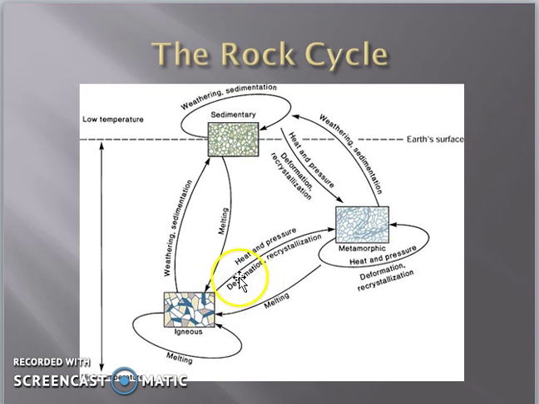And then if it experiences heat and pressure, it causes deformation, which is going to cause it to cool, move up in the Earth's layers a little more, and it will become metamorphic. It can undergo some more heat and pressure, and it could go through the processes of weathering and sedimentation, and if that moves up to the surface, it's going to deposit layers, and they will become sedimentary rocks.